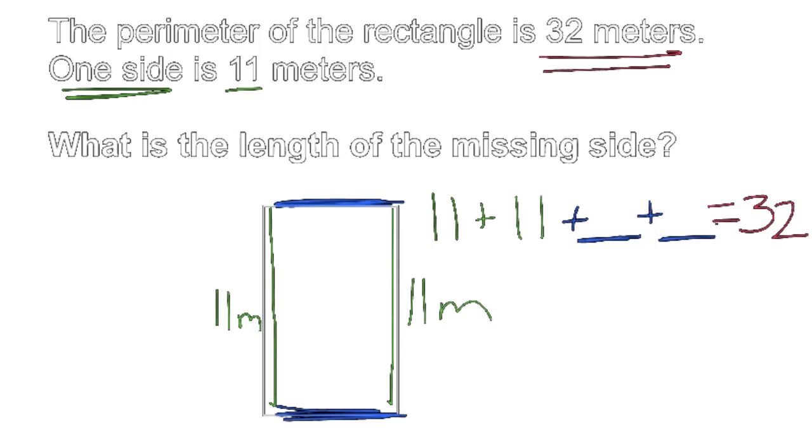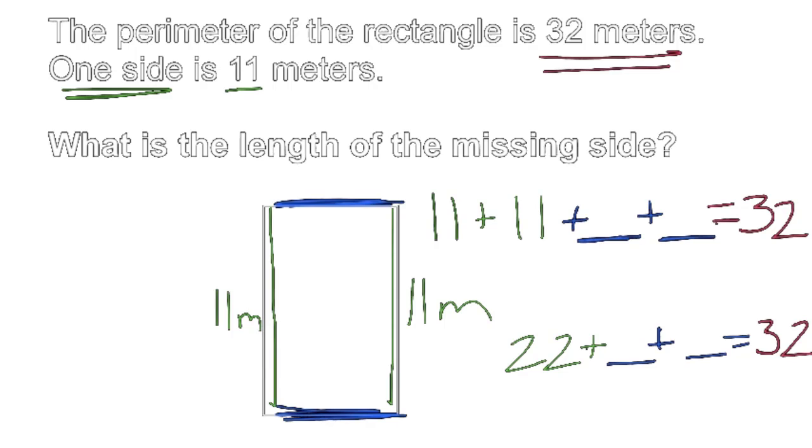So let's add the 11s. 11 plus 11 is 22. So 22 plus, how many more gets us to 32? Well, 22 plus 10 more is 32. But if we label one of these sides as 10, then the other one would have to be 0. So they have to be equal.